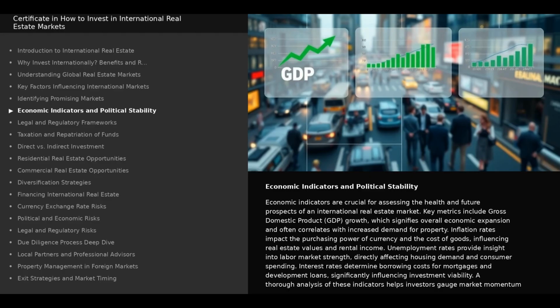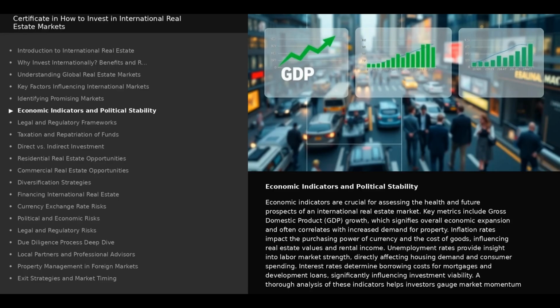Economic indicators are crucial for assessing the health and future prospects of an international real estate market. Key metrics include gross domestic product, GDP growth, which signifies overall economic expansion and often correlates with increased demand for property. Inflation rates impact the purchasing power of currency and the cost of goods, influencing real estate values and rental income.